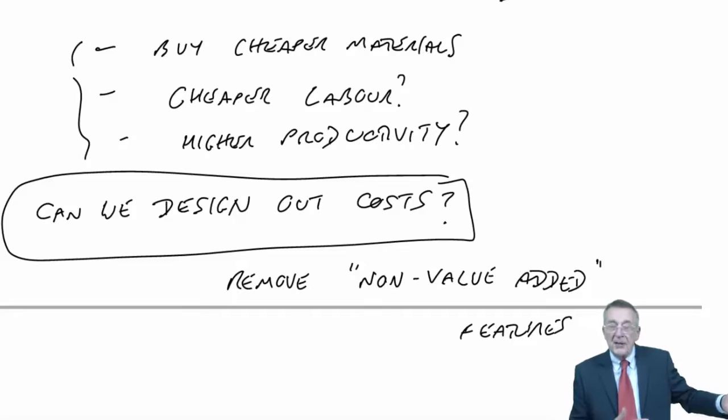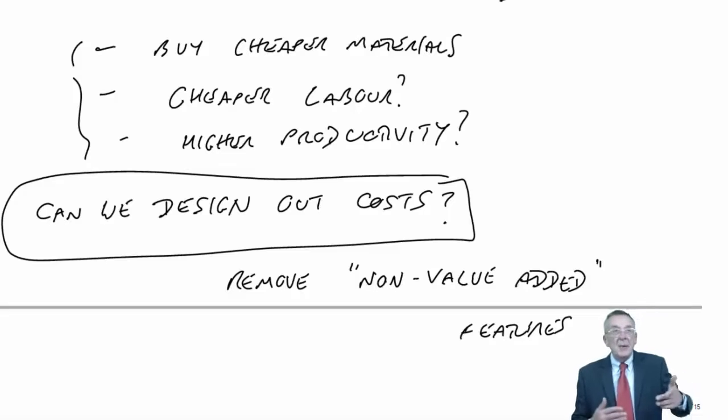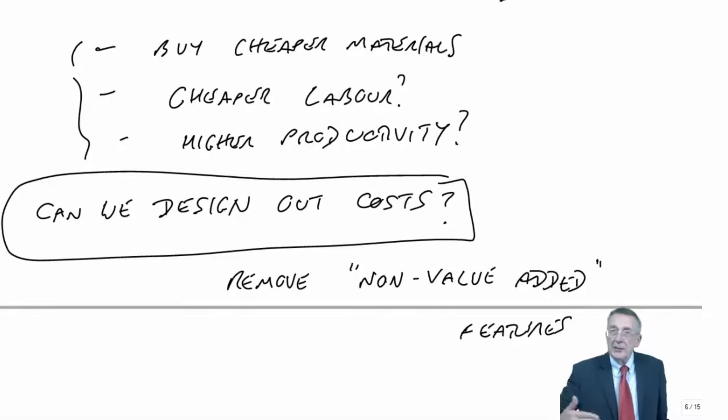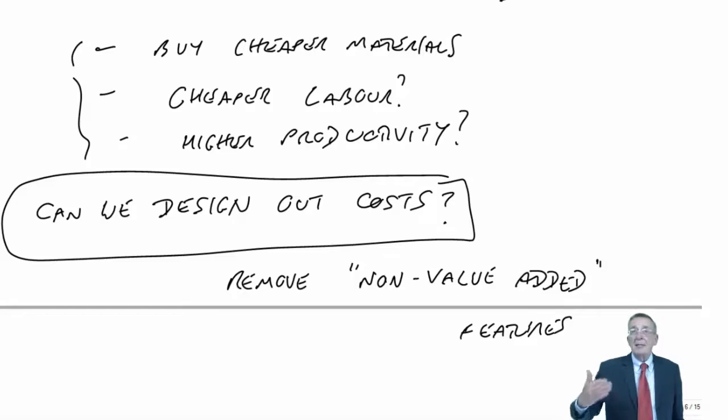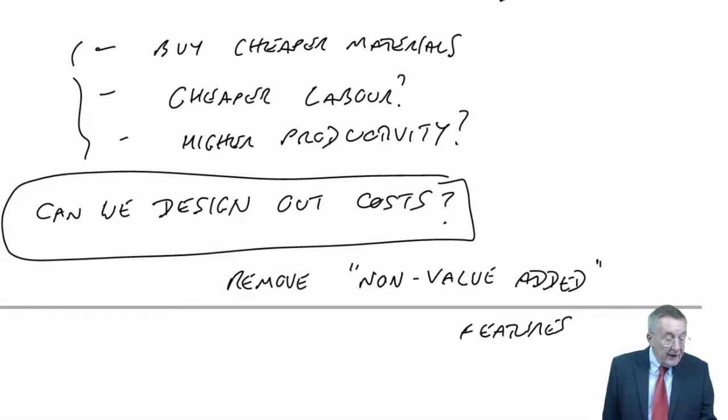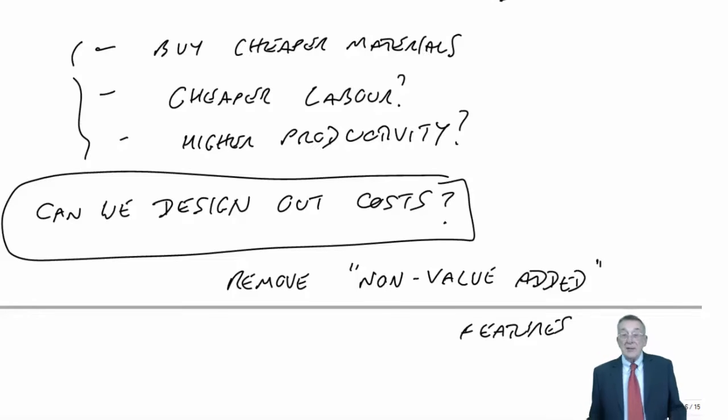Is there anything we can remove which won't affect the value the customer places on it, the amount they're prepared to pay? And the distinction between the two: value analysis is when you're talking about an existing product.